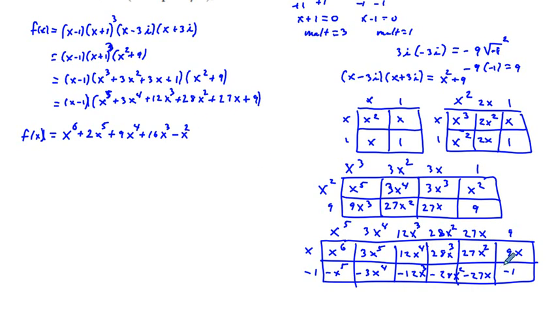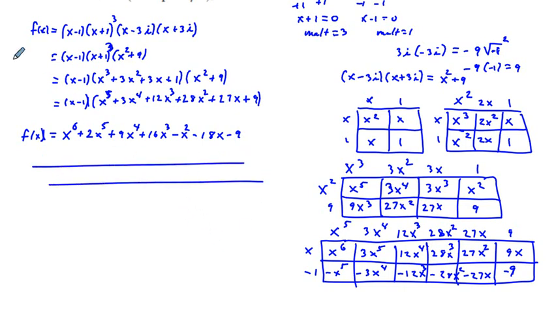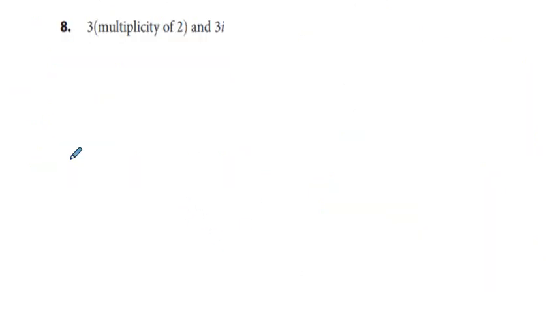And then over here 9 minus 27, which is going to be minus 18x. And finally we have minus 9. Yeah, it's going to be minus 9 right there. So a lot of assemblage work to get this, but that's going to be it. Quite a bit of work there.